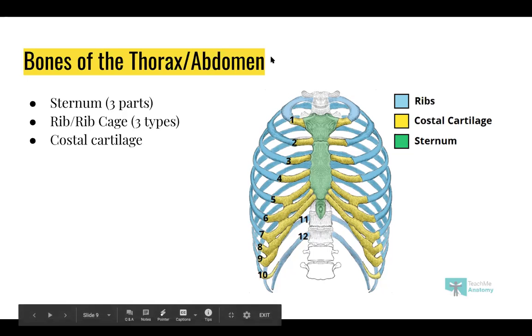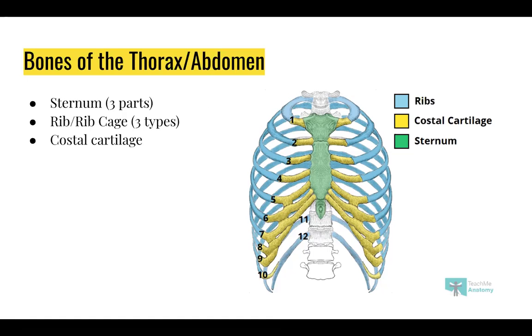Hence the name floating ribs, they are not attached to the vertebrae. So do you guys want me to explain anything more? Just let me know in the chat, or you can unmute your mics.